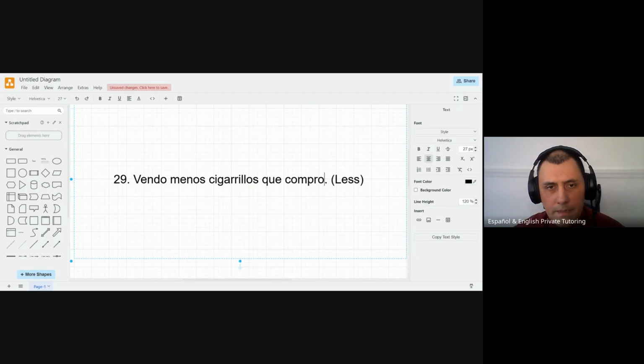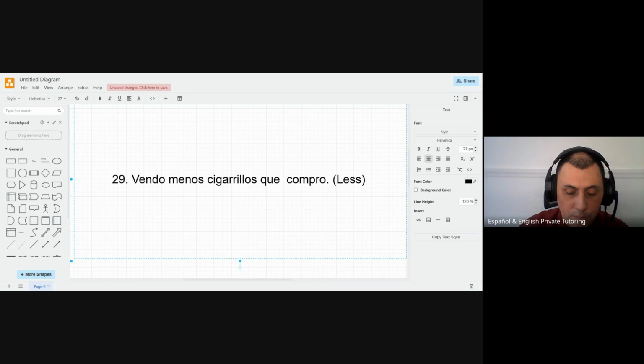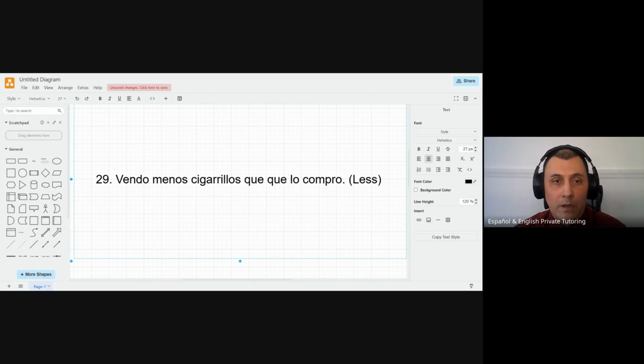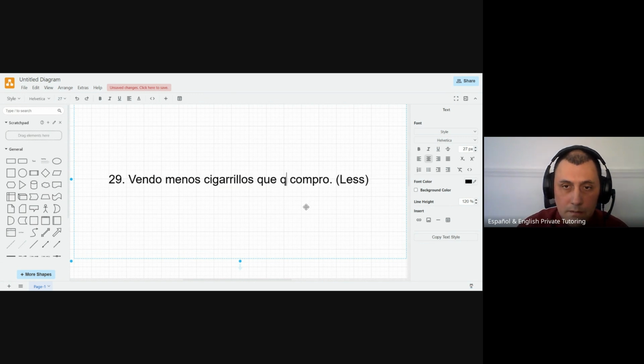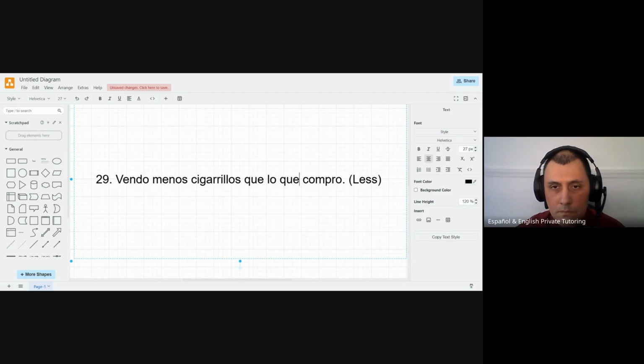Now, the thing is that this sentence is also wrong. With this one, I'm going to help you because this is advanced grammar and it's something that I may explain later, but not today because it's more complex. Vendo menos cigarrillos que lo que compro. You're going to add lo que to this sentence.